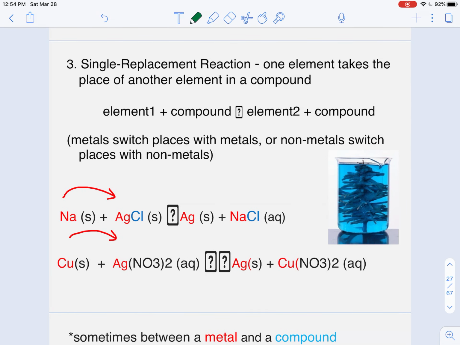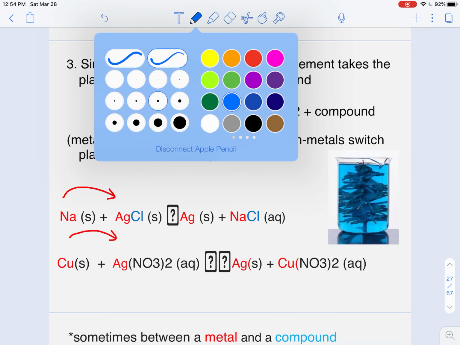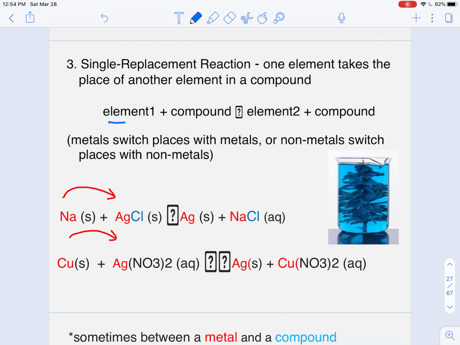For the third type, this is very simply where an element and a compound will form a new element and a new compound by switching either the positive or the negative ions.